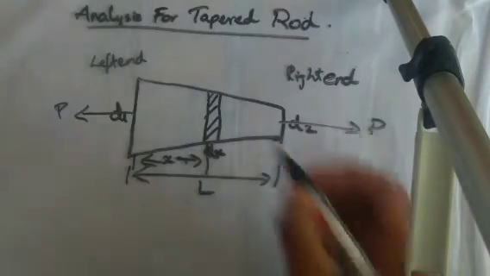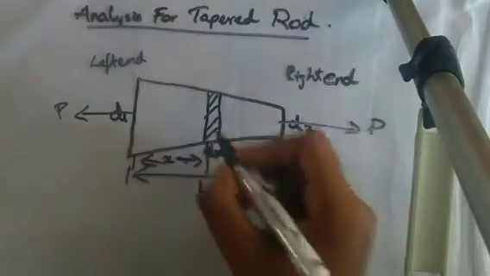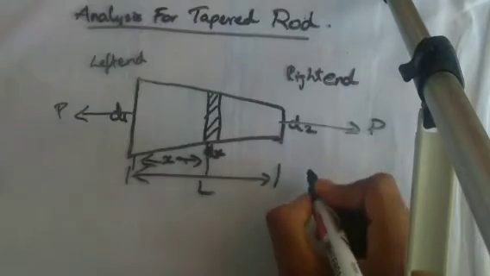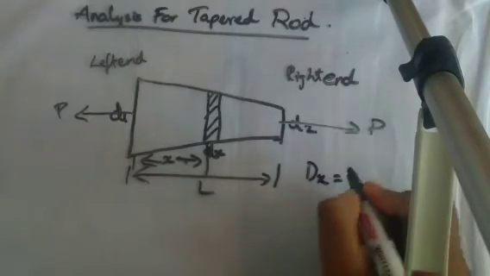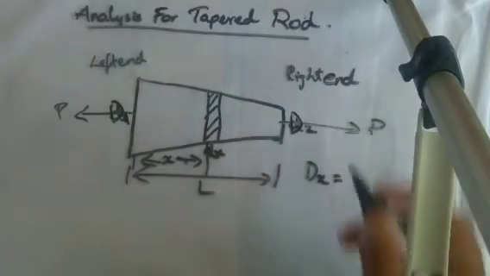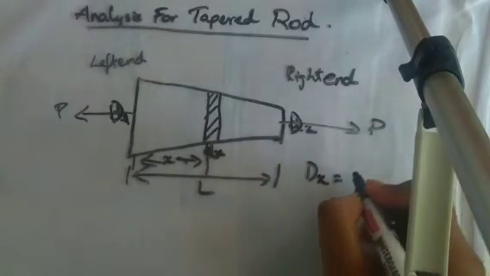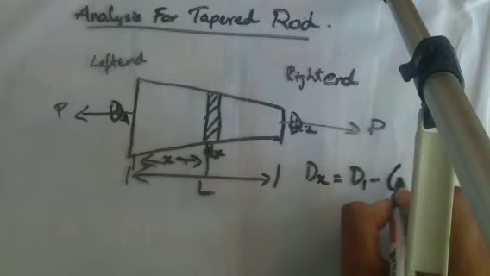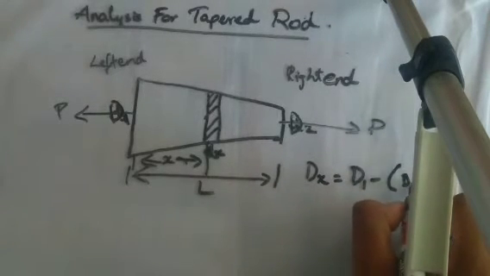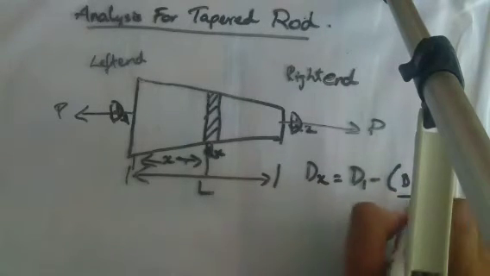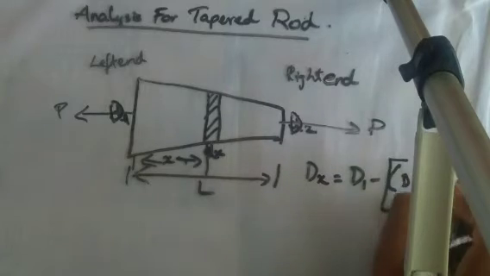We know the diameter here is d1 and the diameter here is d2. What will be the diameter at the section dx? We can write it as D_x = d1 minus (d1 minus d2) divided by L into x.